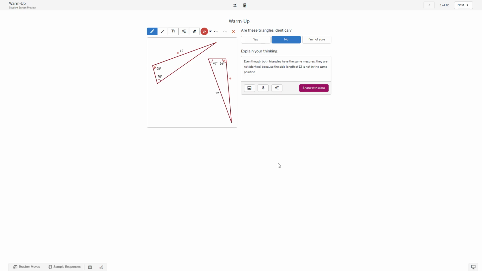So that is why visually it is not the same thing. Even though both triangles have the same measures, they are not identical because the side length of 12 is not in the same position. Okay, in reference to the angles there.